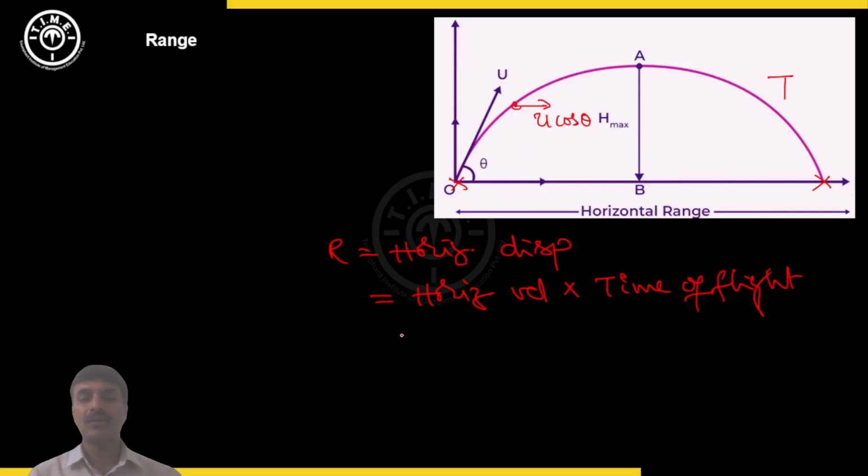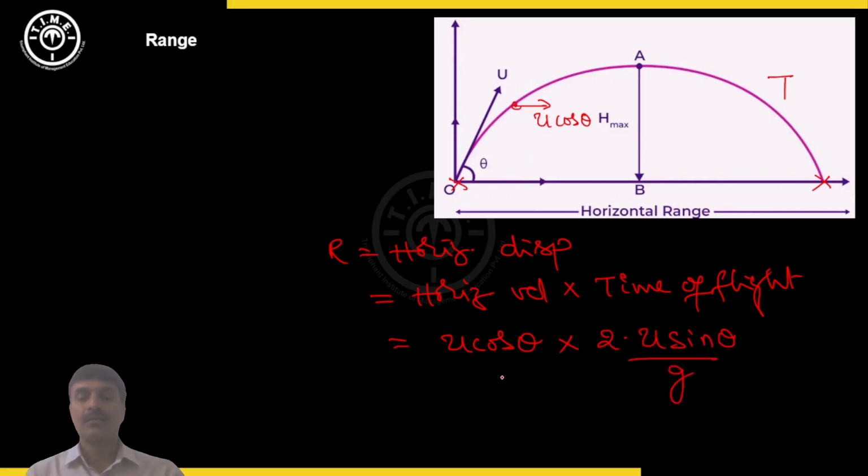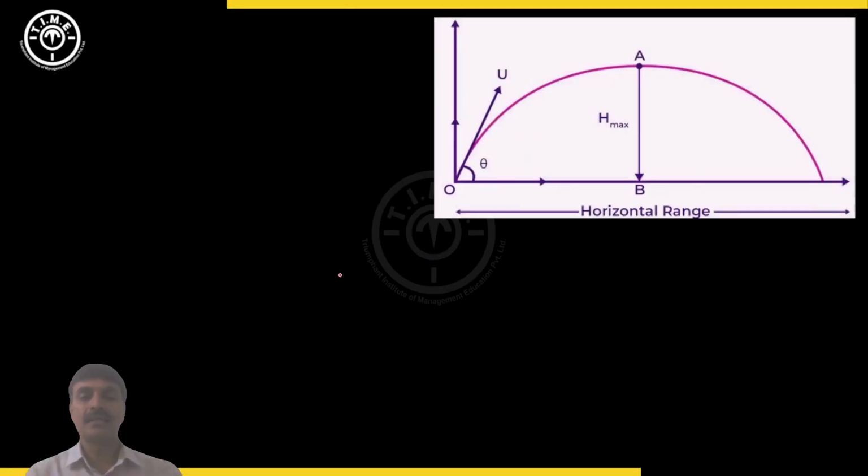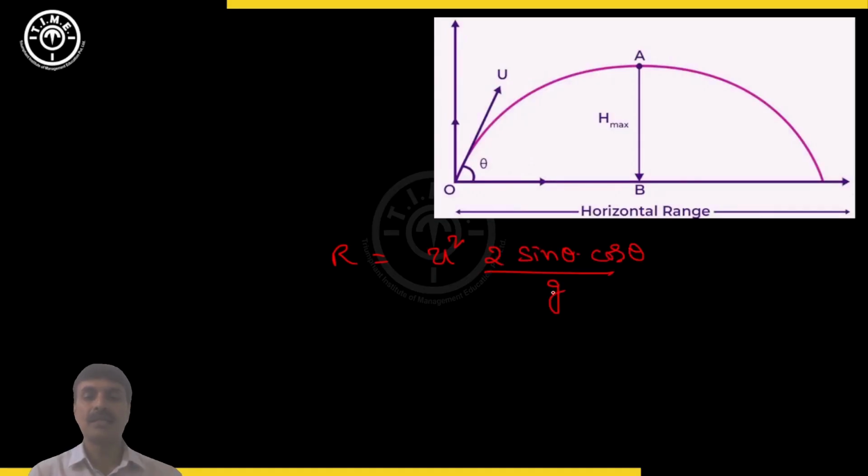Okay. So horizontal velocity is u cos theta and time of flight is 2 u sin theta upon g. Now, multiplying these two terms, you can multiply u and u, that becomes u square. The remaining part is 2 sin theta cos theta by g.